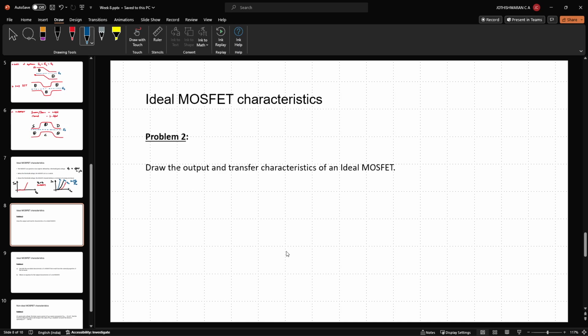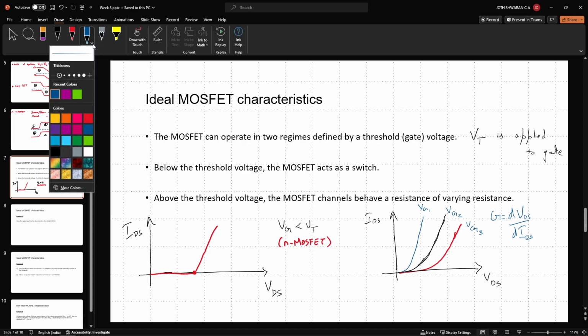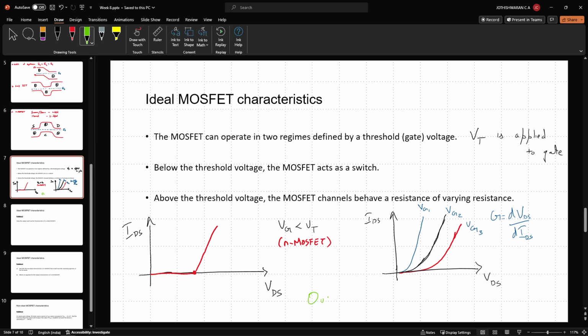So now we've been asked to draw the output and the transfer characteristics of an ideal MOSFET. Now the figure that I've drawn here, let me see if I have another color. Yes, I have green. So this is referred to as the output characteristics. We call this the output characteristics because we are just looking at the voltage applied across the drain source.